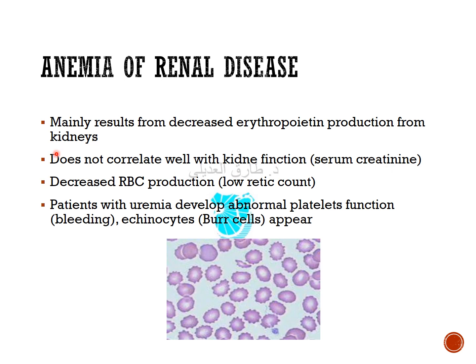Sometimes the increase of creatinine is only moderate. However, the patient might have severe anemia because there is no correlation between the creatinine and the degree of the diseased kidneys. So we have decreased RBC production. The patient will have anemia and low retic count.